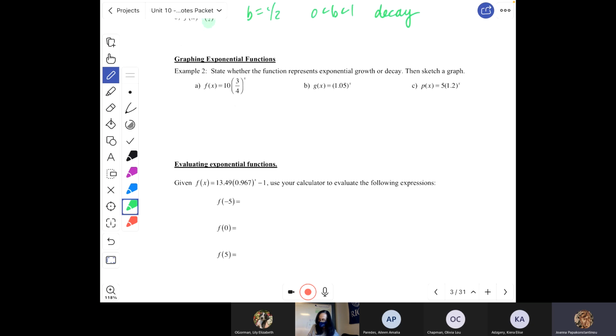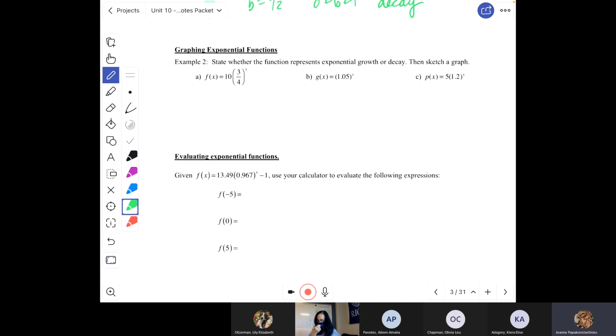Now, let's talk about graphing exponential functions. Again, you should be able to look at each of these and tell me, is it growth, is it decay? So is A growth or decay? It is decay because b is 3/4. Now, if I wanted to, so I know it's going to fall, right? Decrease left to right. So if I wanted to graph this, what would I want to maybe include?